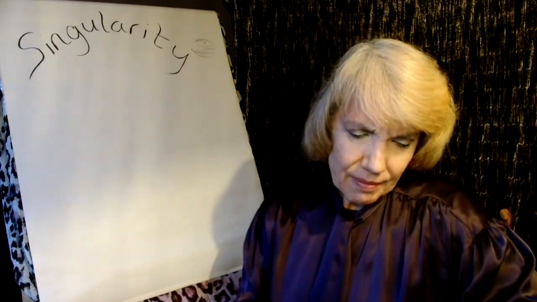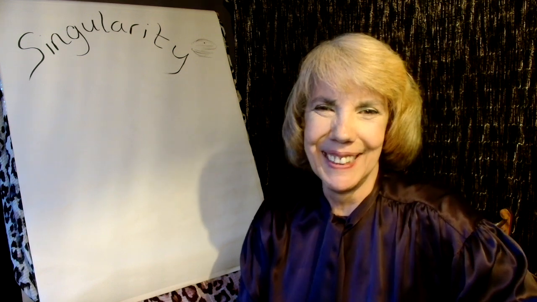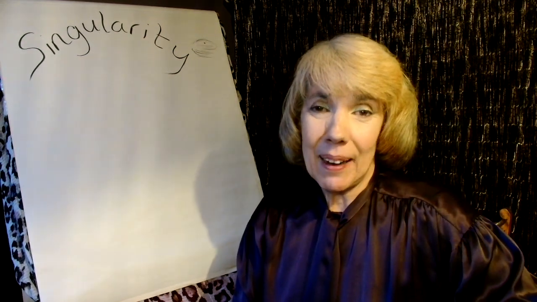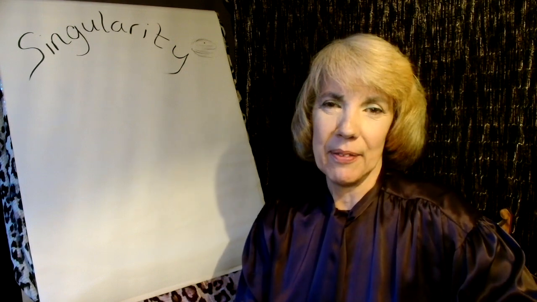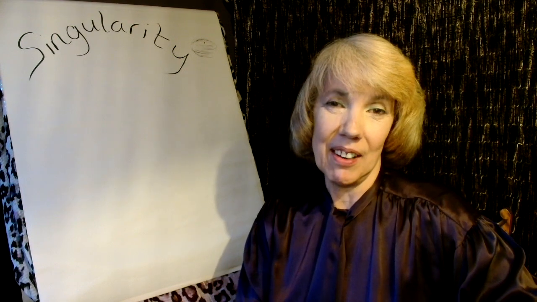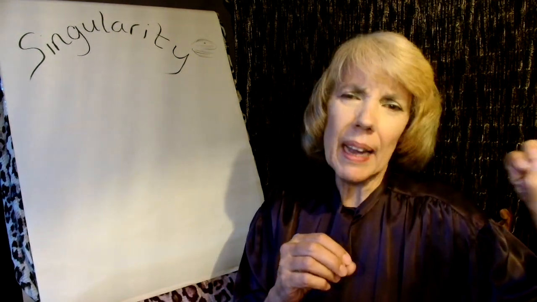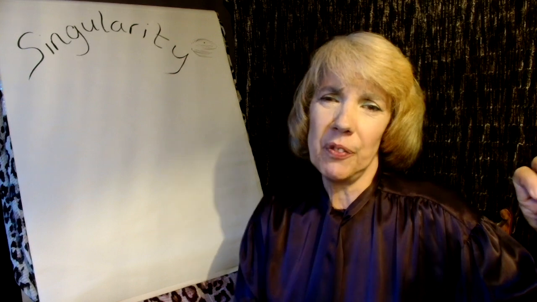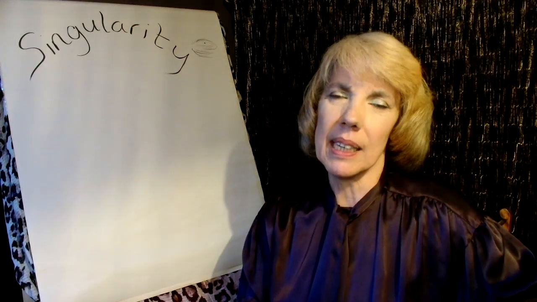So, where does that leave us then? And why did we look at black holes? Well, we looked at black holes because that's the most familiar singularity that we have. It's a reference point, if you like. Science has explored black holes and looked at the singular point at which the laws of physics break down, because they don't know what happens at the singularity of a black hole.